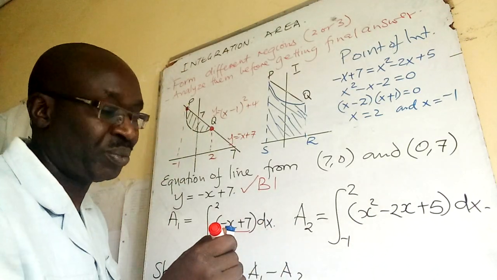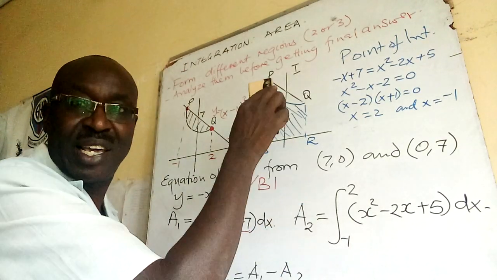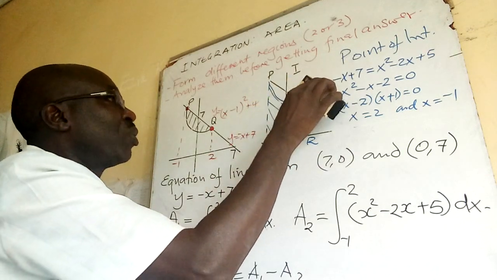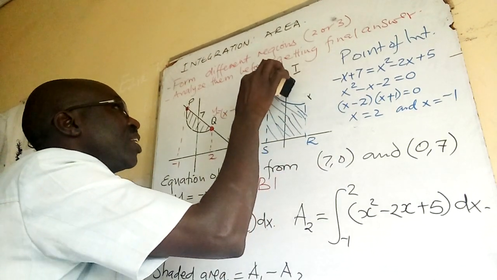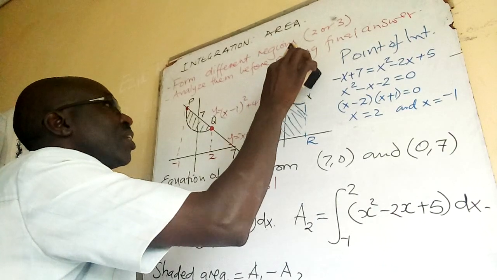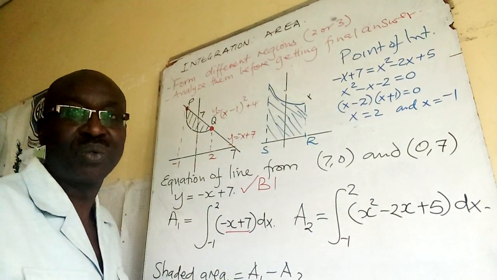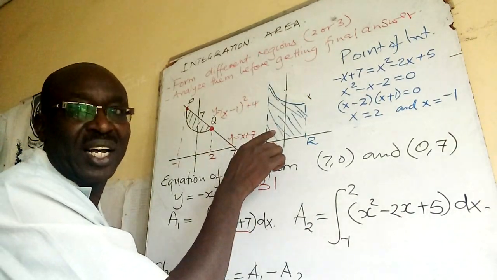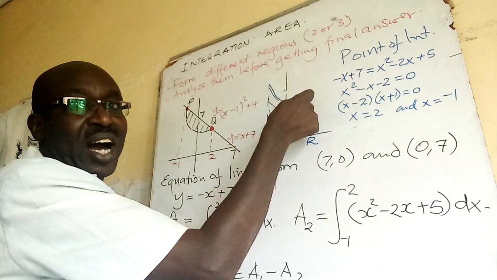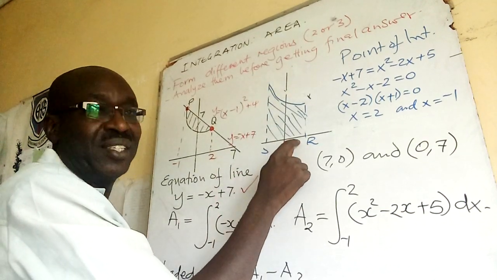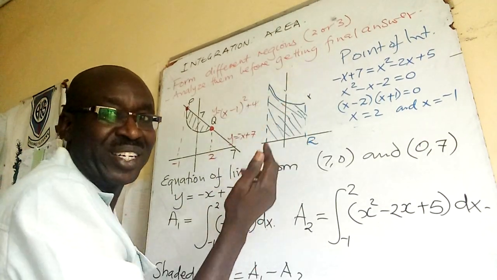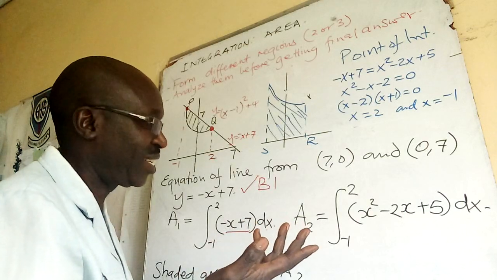Area 2. Again, I keep on modifying. What is area 2? In a nutshell, that. That is area 2. I want this area. Area bounded by the curve, the x-axis, the same boundaries. Look at that.